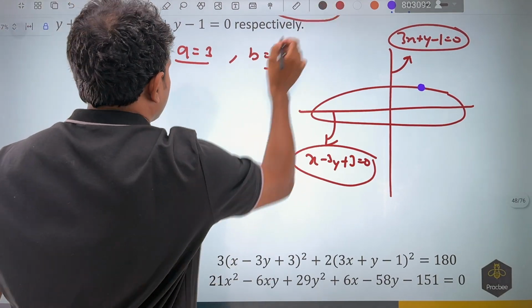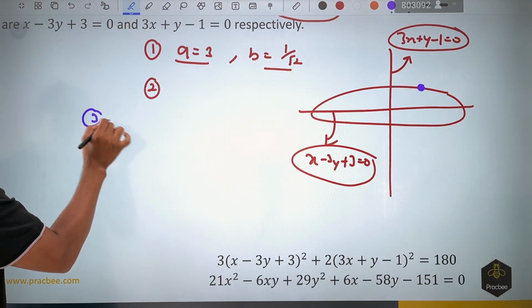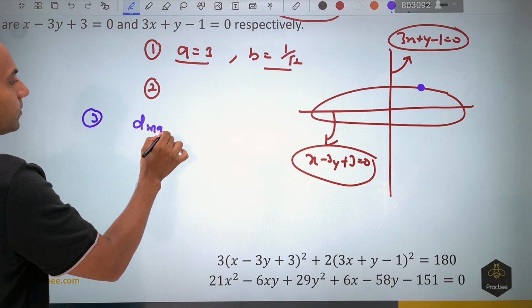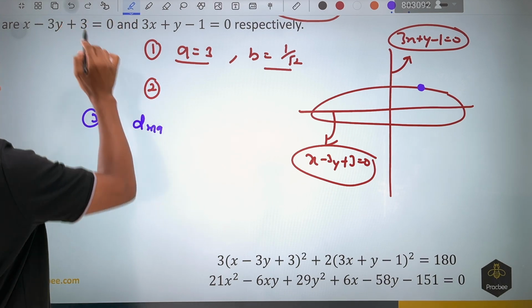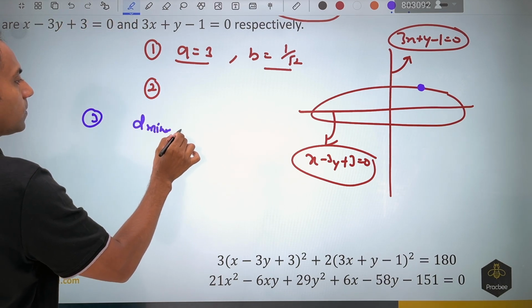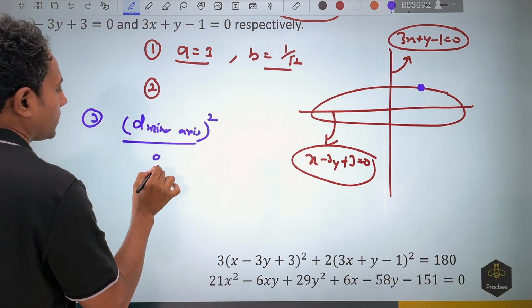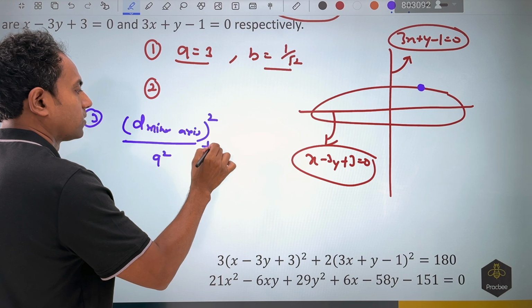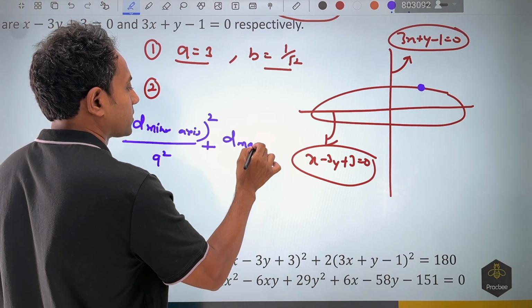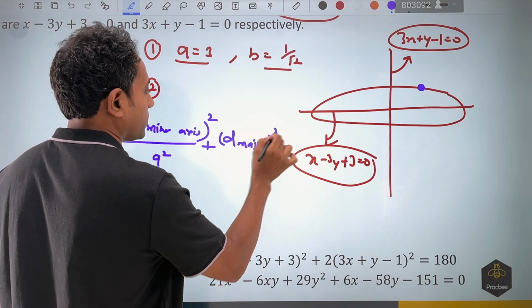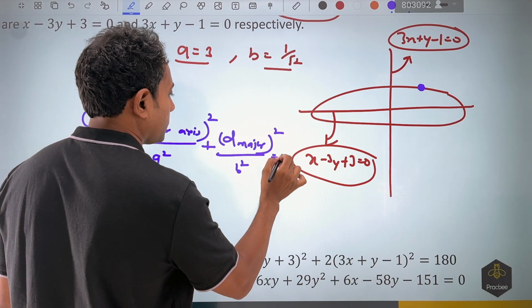So in the third step, now here I will use my idea: d of minor axis, the distance from the minor axis whole square by semi major axis whole square, plus the distance from the major axis whole square by b square, should be equal to 1.